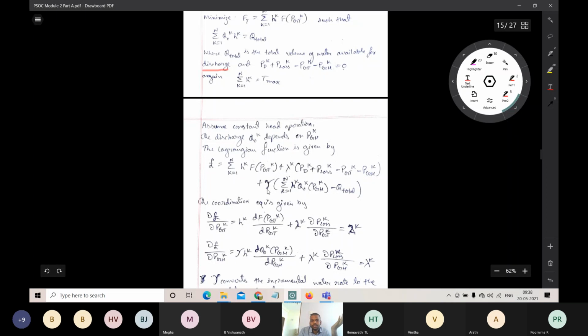And here one more thing is gamma. So we are using gamma here.